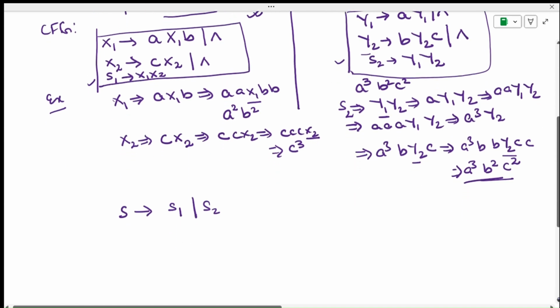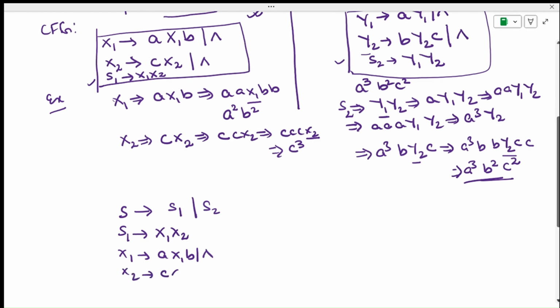Now combine all these grammars which we have written above. So I will just copy them here. S1 is nothing else but X1 followed by X2. X1 is nothing else but A X1 B or null, and X2 is nothing else but C X2 or null. Also copy the one written for the language L2, that is S2.